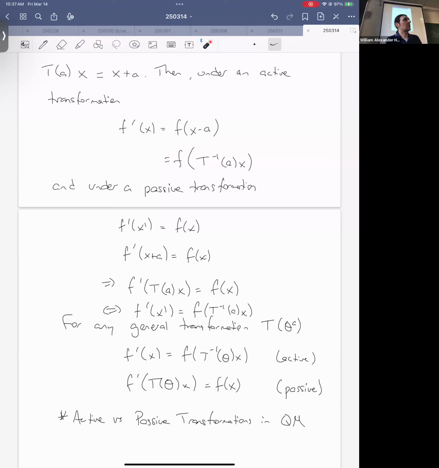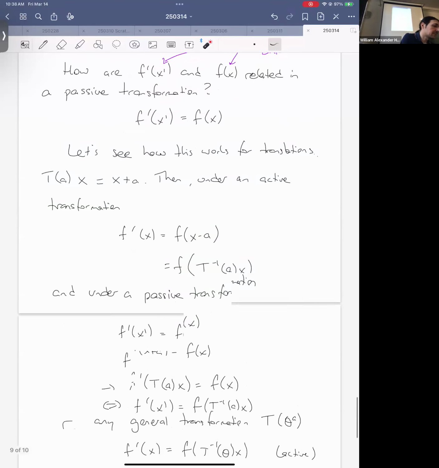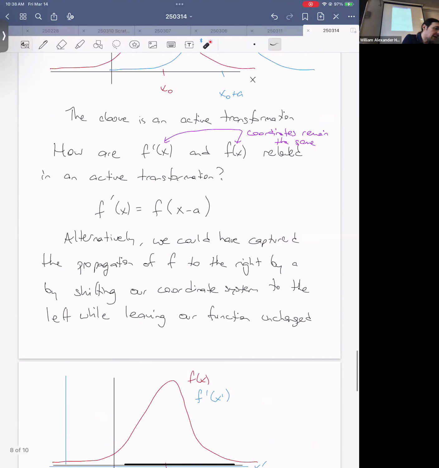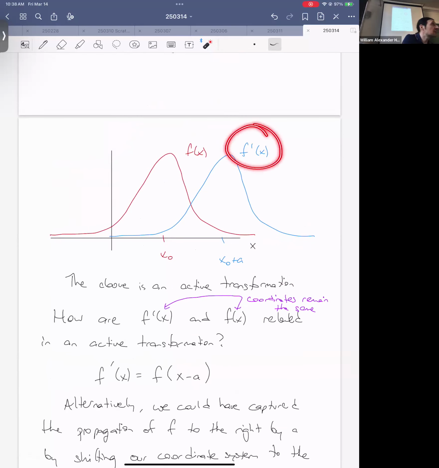I go back and forth upon whether I find it easier or better to think about it as an active transformation or passive transformation. It gets especially hairy when you look at derivatives, because I can ask, what is the derivative of f with respect to x? And I could ask, what is the derivative of f prime with respect to x, and how are those derivatives related?